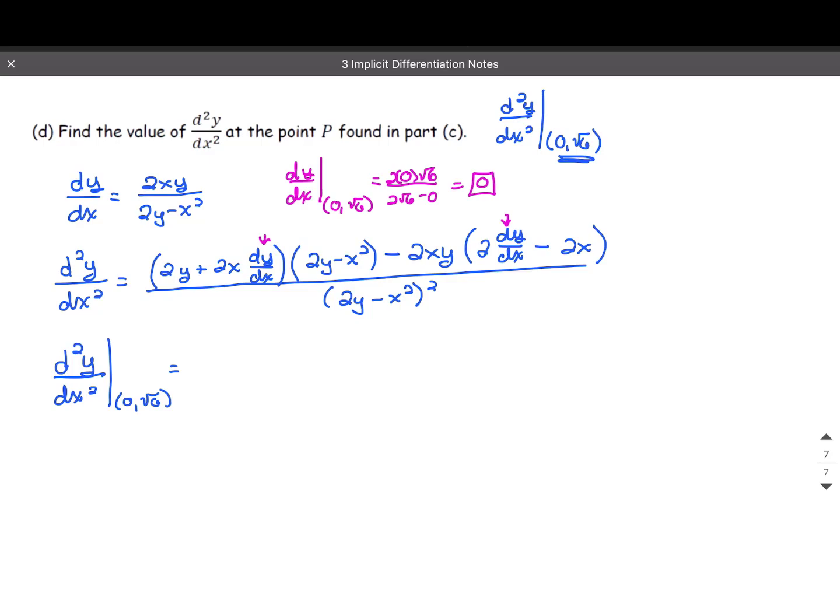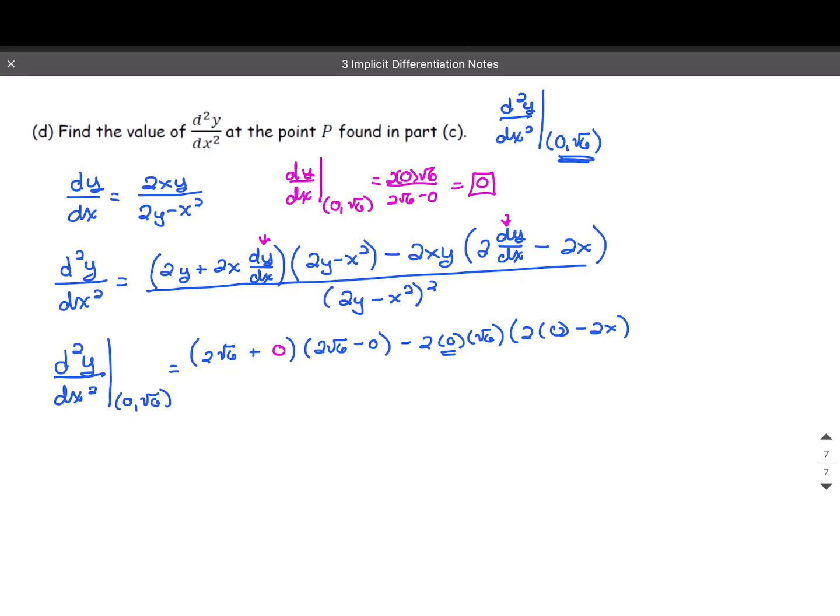So now let's plug in. We've got 2 times the y, which is the square root of 6, plus that dy/dx, which is 0, so I'm not even going to worry about it, and so is the x, so I'm not going to worry about that, times 2 times the y value, the square root of 6, minus x, which is 0, squared, minus 2 times x, which is 0. Now, if you're smart, you realize nothing else after this 0 matters because everything's being multiplied by 0.